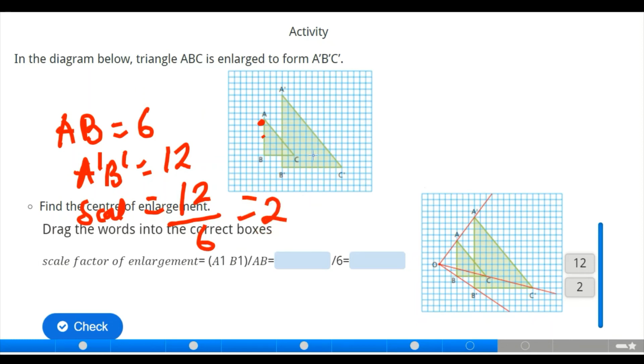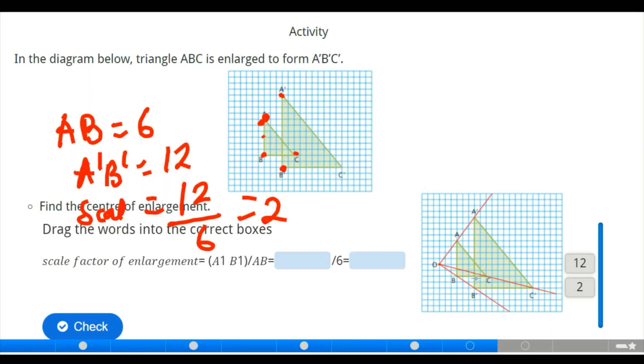Now if you want to look at the center of enlargement, what we need to do is draw a straight line that will meet every point in this given enlargement. If you are drawing a sketch, you must draw a straight line that will meet point A together with point A prime, a straight line that will meet B together with B prime, and a straight line that will meet C together with C prime.